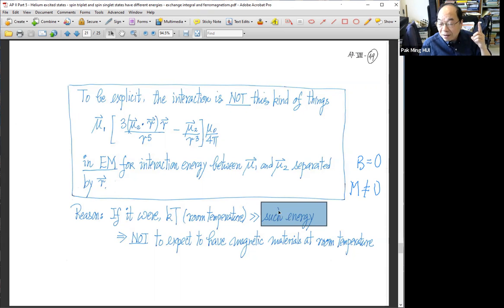But the experimental fact is that we have magnets to play with. We have magnets installed in our PC, in the motor, in cars, to roll down the window, things like that. So that is not the origin of ferromagnetism.